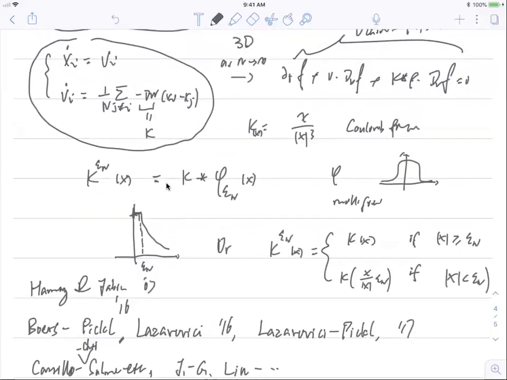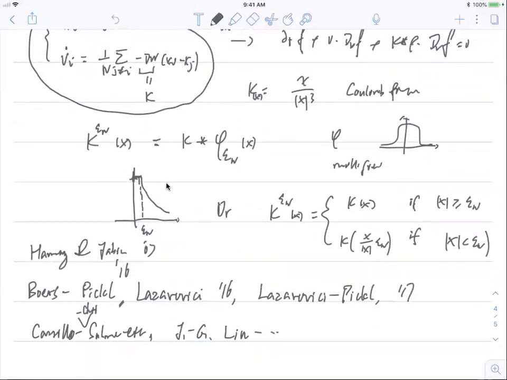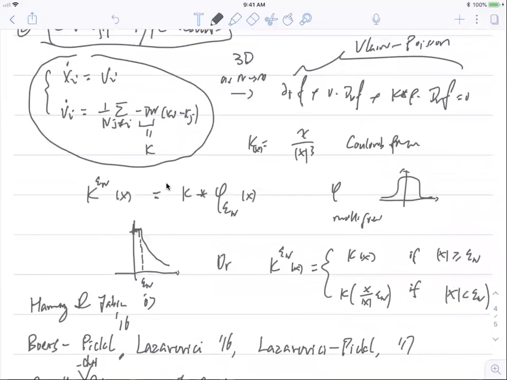This type of result is basically you play around with the parameter epsilon n, and people believe epsilon n can be small, maybe even smaller than this, where d is the dimension.